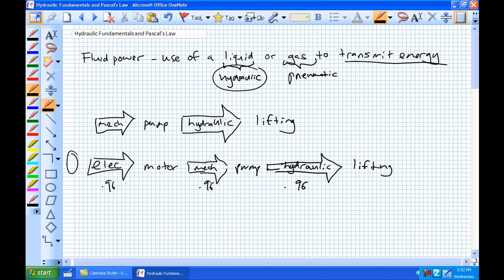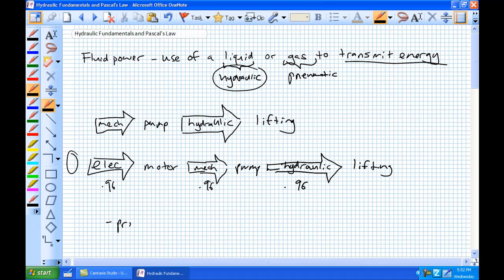But why are we going to a hydraulic system in the first place? Well, there are certain characteristics about hydraulic systems that are desirable. Number one, they have an incredible ability to perform work. They can lift heavy objects, and they can lift them extremely precisely.